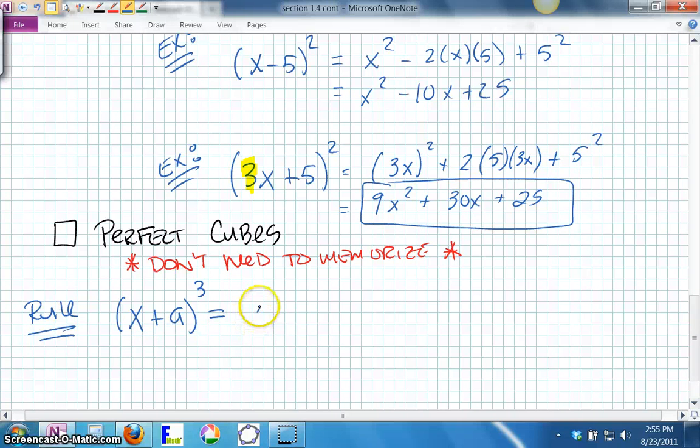And it looks like this. Take the first thing and cube it: x cubed. Now, add to that 3 times the first thing squared times the last thing.